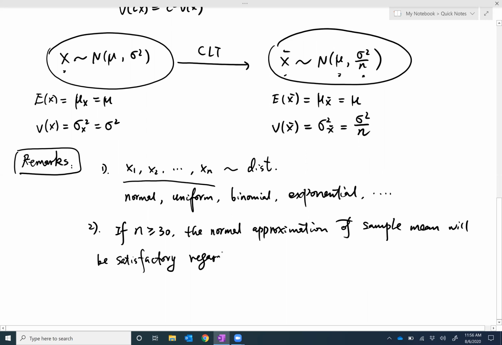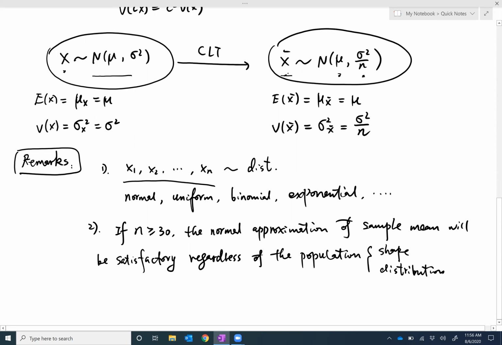Regardless of the population shape or distribution. Okay, so in the example, we actually assume X follows the normal distribution.